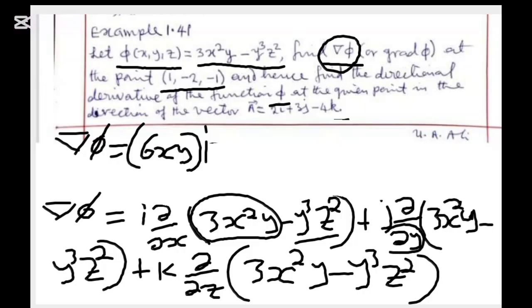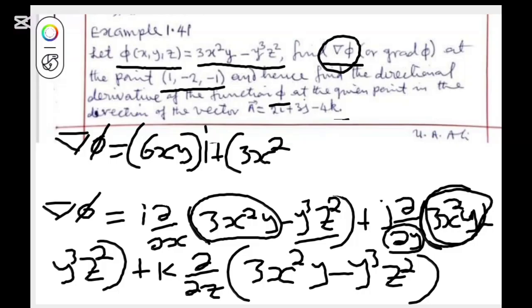So if I differentiate with respect to y here, at the end I will end with only 3x squared, because this y should now become only 1. So I have to say plus, open bracket, write down only 3x squared.